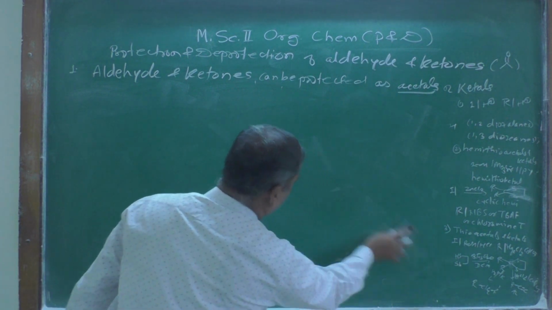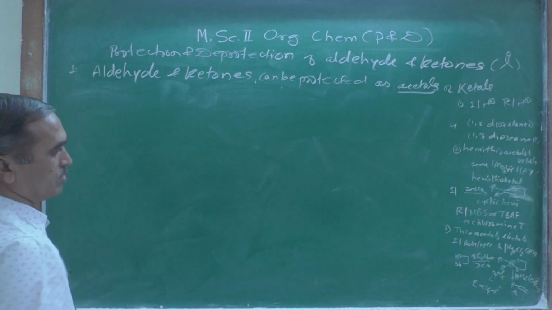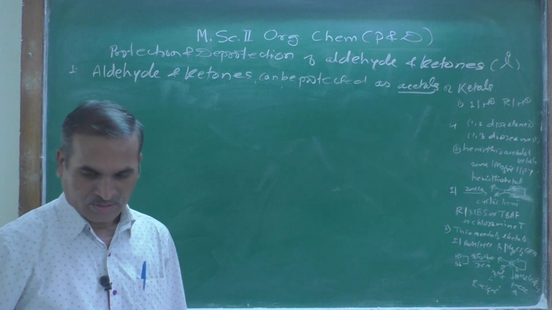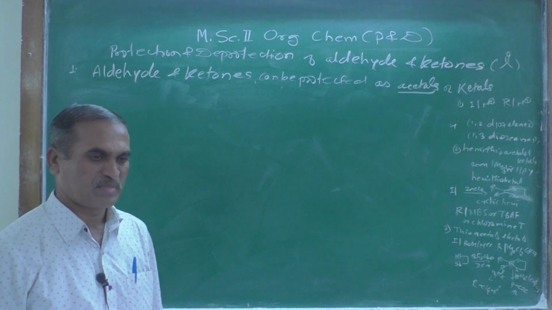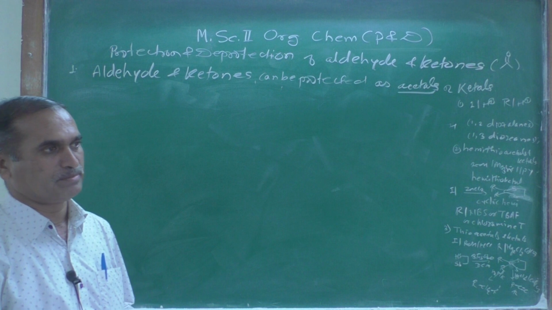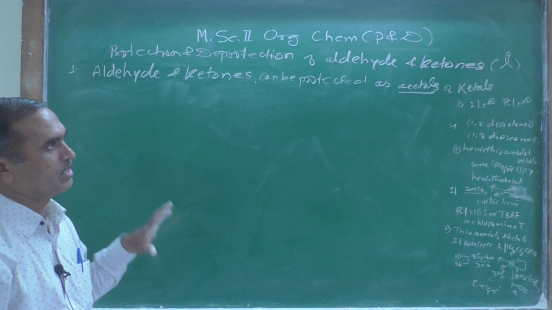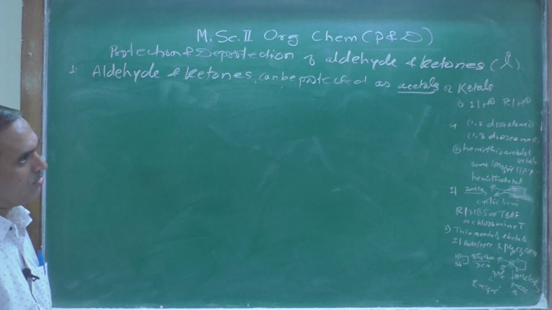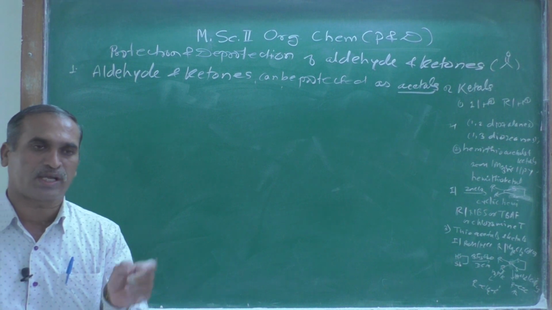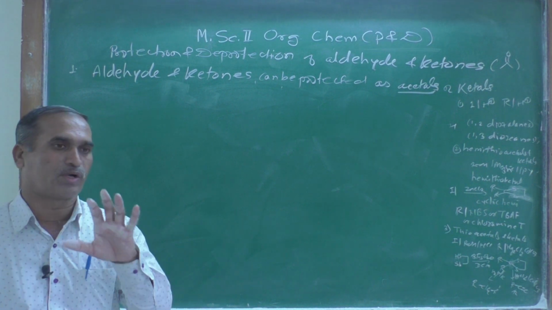Instead of this, if you use a thiol over there, a similar mechanism can take place. If instead of alcohol you take a thiol over there, what do you get?